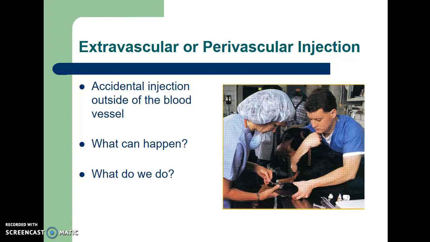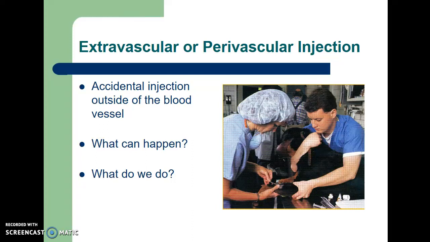We inject the medication into the vein, and then at the end we pull back to make sure that we are still in the vein, that we haven't pushed that needle through the vein and injected the medication into the tissues. What can happen is that if we have something that is pretty tissue toxic, we can actually get death of the tissue where it has been injected.